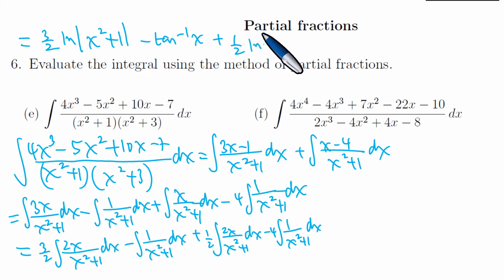Which is the ln of x squared plus 1 minus 4 arctan of x plus c.